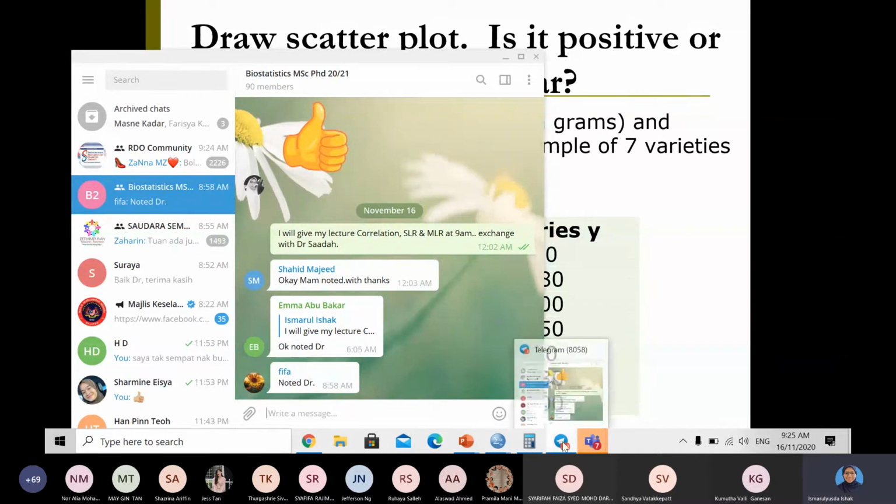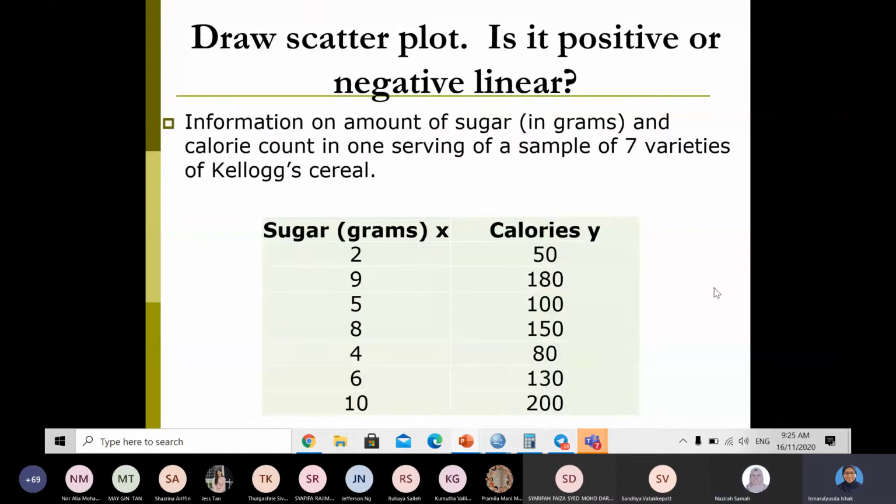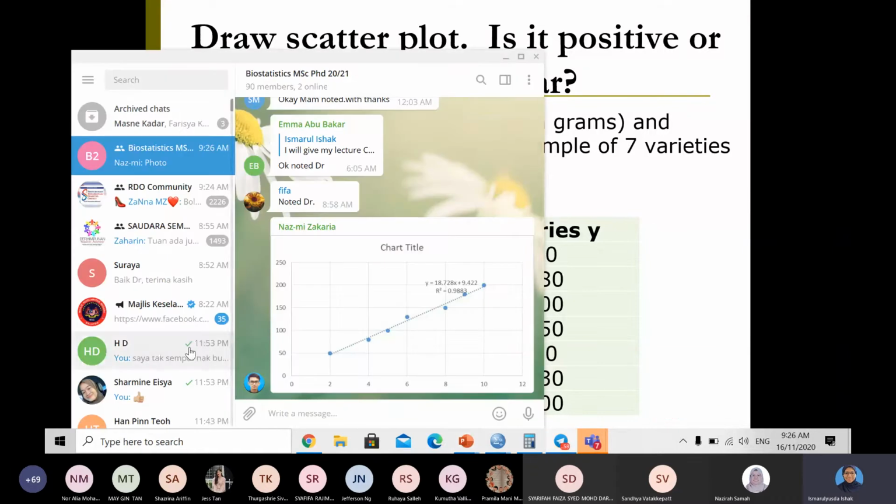We can see your data link. Can you open the Telegram? Right, I want to see Telegram. Okay, forgot. Already there. Nazmi. Okay, let's look.